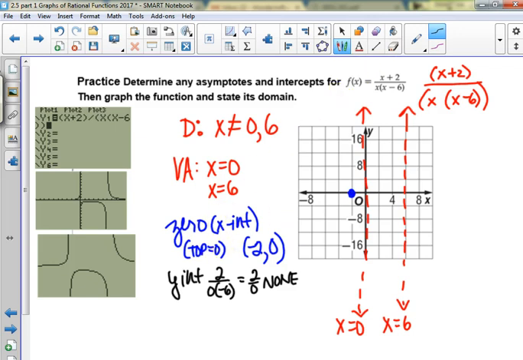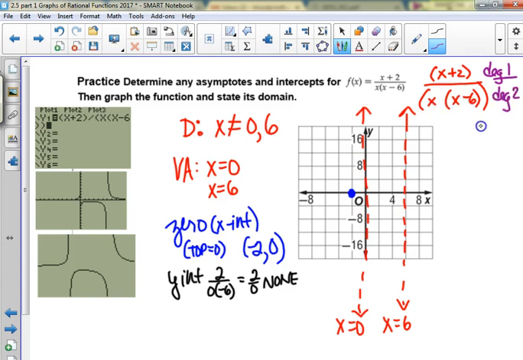Oh, end behavior. We need to see what the end behavior is doing. It's degree what over what? Be careful. Degree 1 over 2, because this was x squared down here.